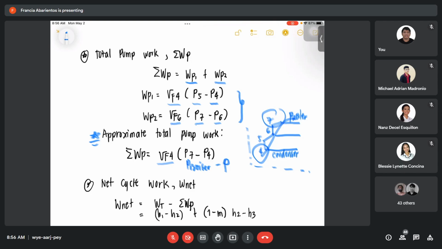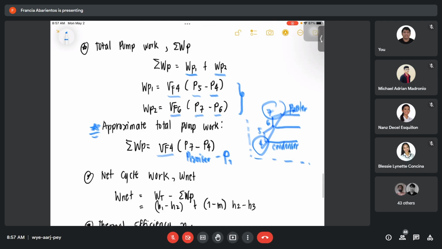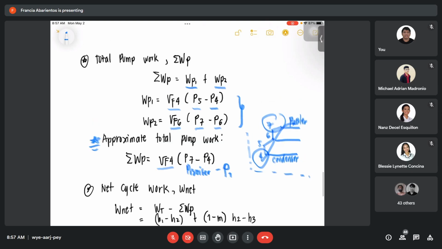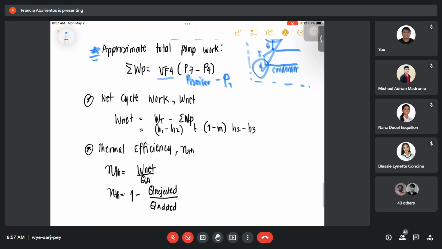Okay? Kung ano yung nangyayari doon kasi constant pressure naman nangyayari. So that is the pressure also from the condenser. Okay? So that is now the approximate total pump work in a regenerative Rankine cycle.